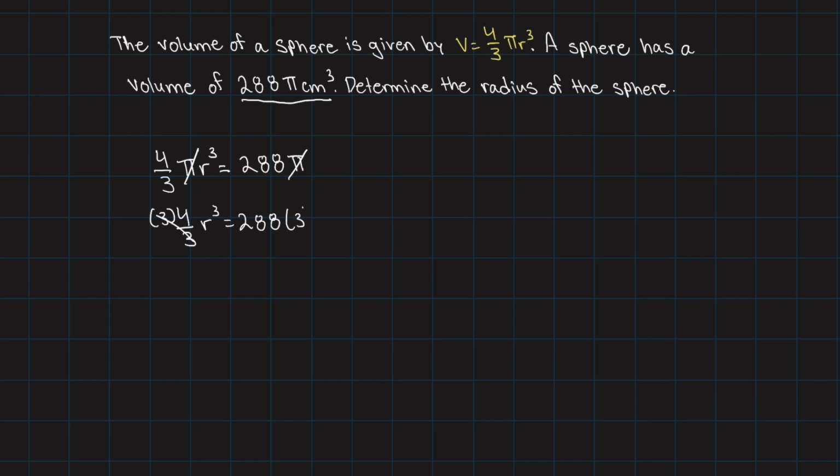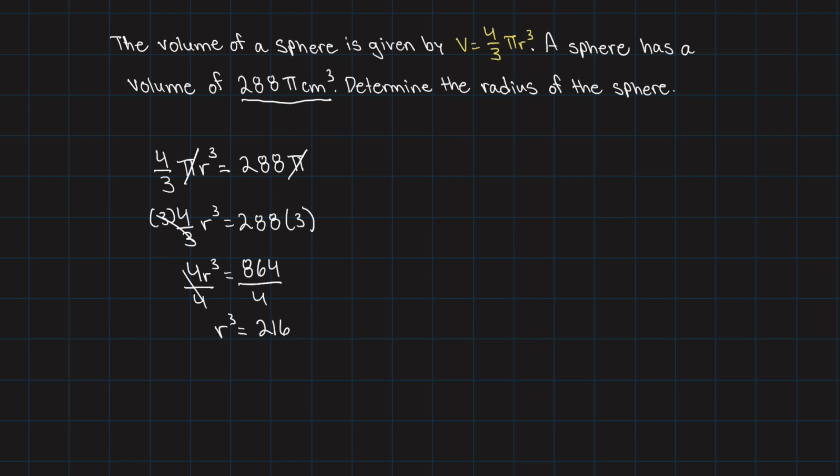And then just perform basic algebra. You have 4r cubed is equal to 288 times 3, which is equal to 864. Divide both sides by 4. Get r cubed is equal to 216.